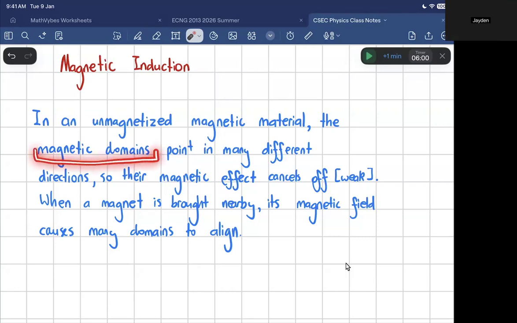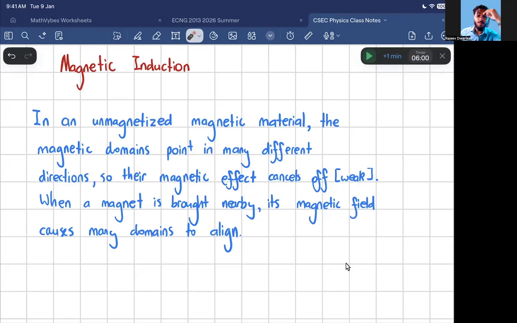In the iron itself, you have a bunch of different magnetic domains. You group the dipoles with the same direction together and you see that they form a magnetic domain.